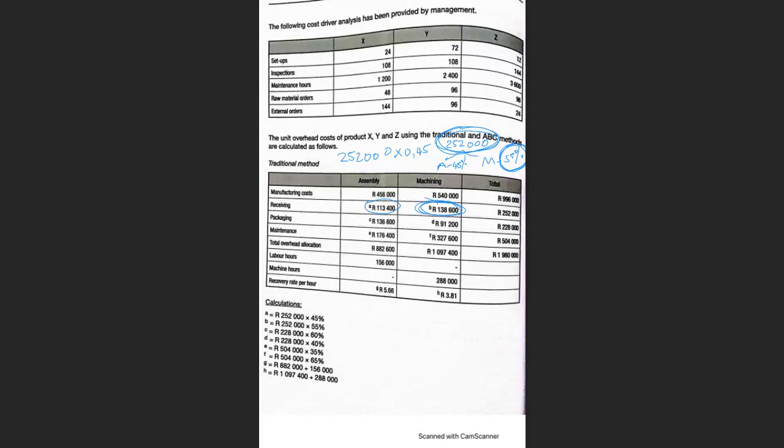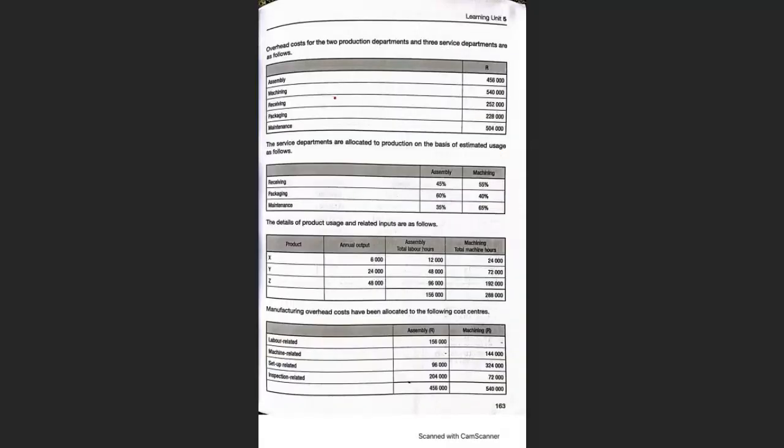The same now for packaging from the previous page. You're going to now look at what was the total cost for packaging and how was it split. This was the total cost, 228,000 rand. It is split here, 60% to assembling, 40% to machining.